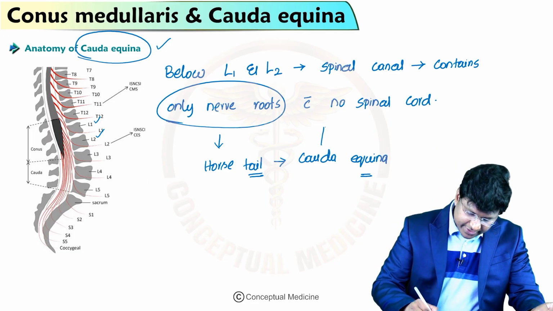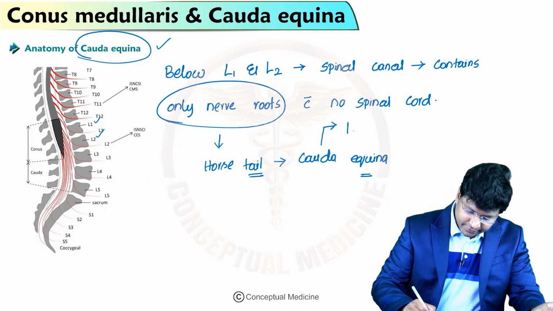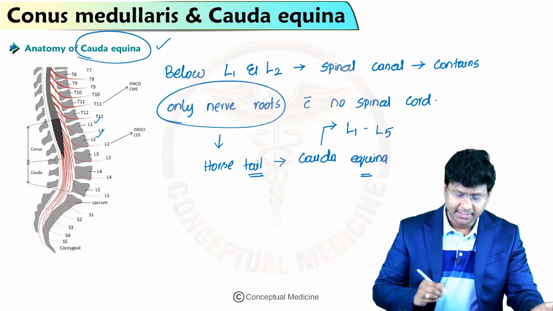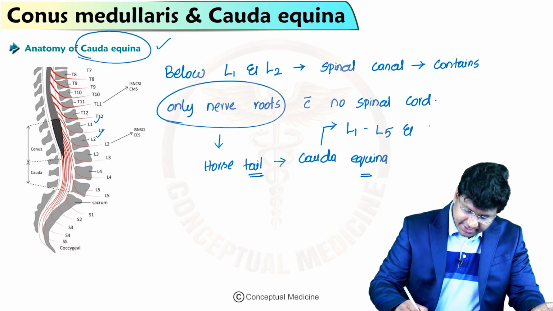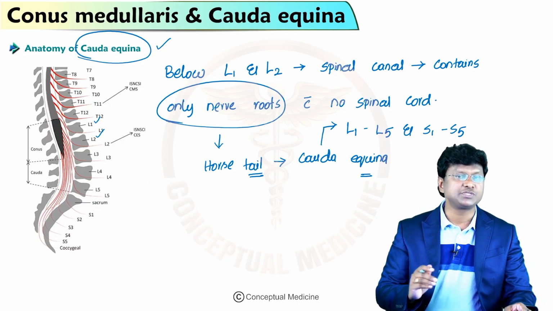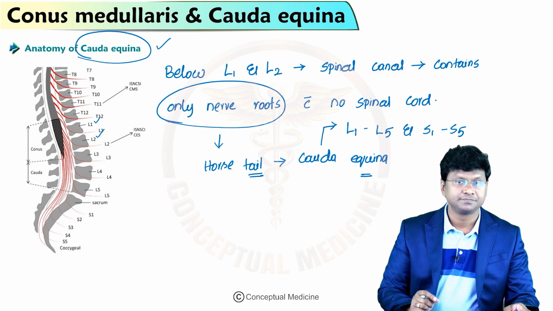This cauda equina contains the nerve roots of L1 to L5 and S1 to S5. That is what the cauda equina contains.